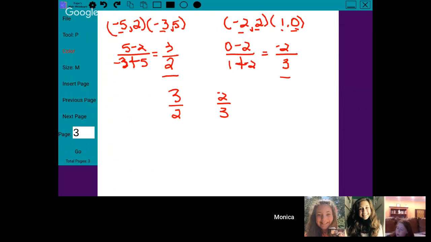But are they opposite reciprocals? Okay, so what does that mean? Yep, that means they are perpendicular.